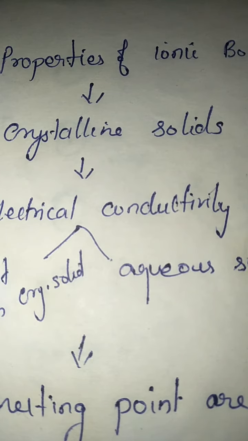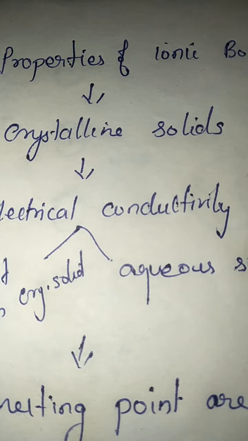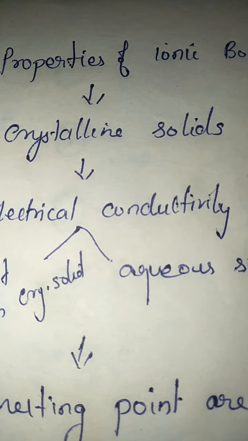Mostly it exists as crystalline solids, and it has a well defined shape because the atoms are so tightly packed. In the lower class we studied the properties of solid, liquid and gas. In solids, the atoms are tightly packed and have well defined shapes, hence they exist in crystalline solid forms.